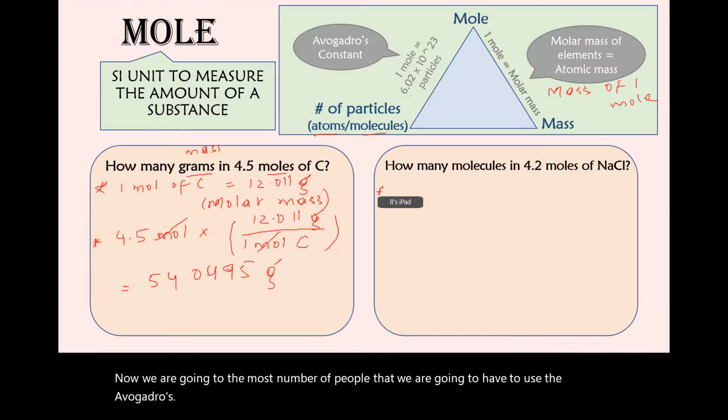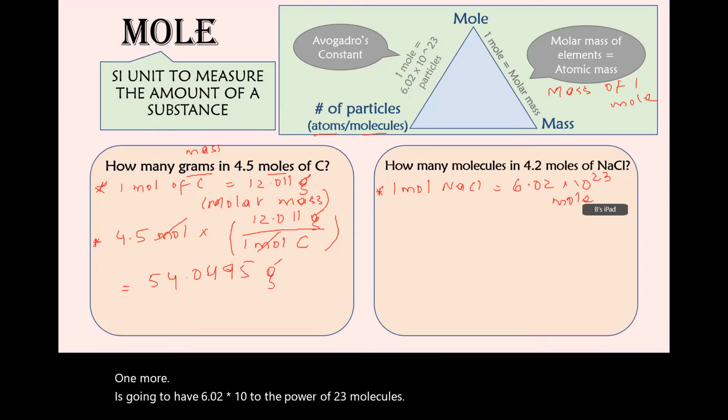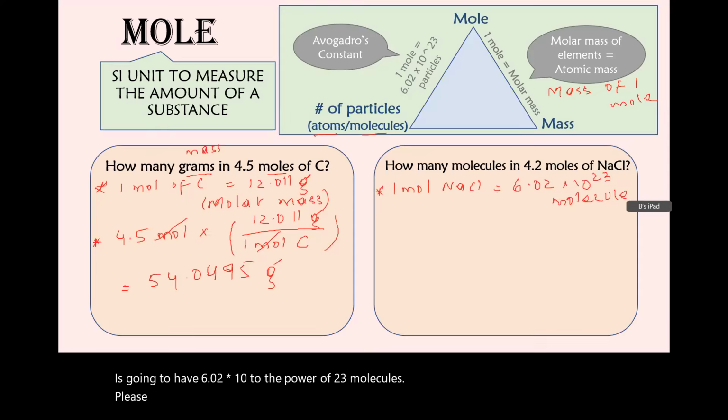Your conversion factor in this case is 1 mole of sodium chloride has 6.02 times 10 to the power of 23 molecules. Please note that if the question is asking for molecules, we're going to use the word molecules. We're not going to say particles or atoms, because that's what the question is asking for.